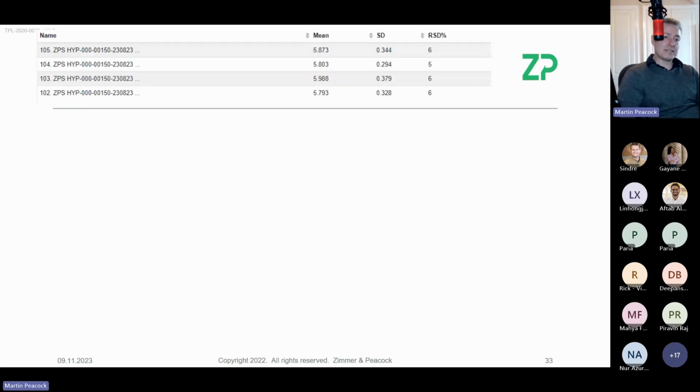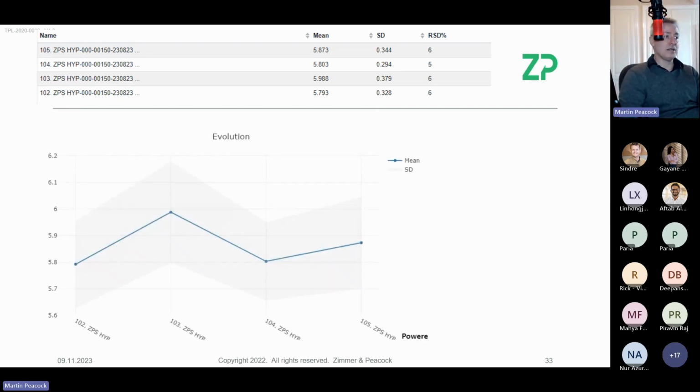Now, I did say that data science, for me, becomes most interesting when you can visualize it. So here we have a table of results. These are different sheets within the same run, and we can visualize how the mean signal in those sheets is changing during the run. It's nice in some ways, because we don't have a constant drift up or down.